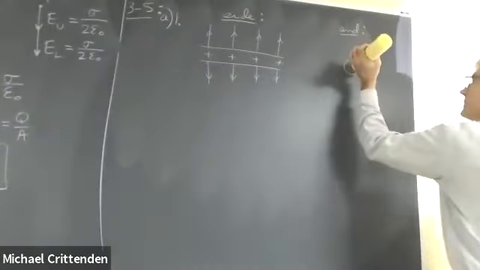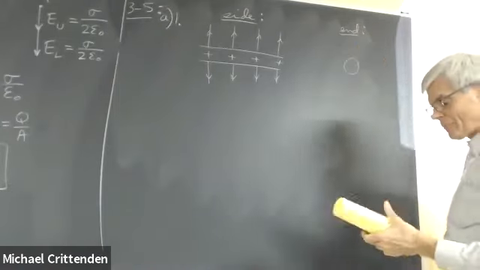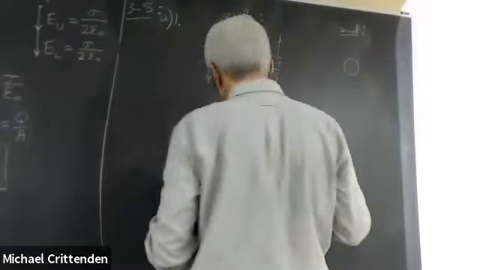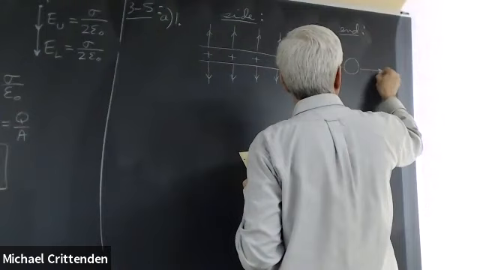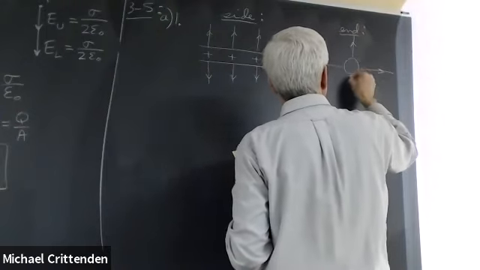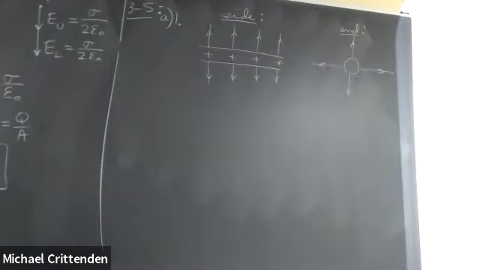For the end view, where you're looking at it like this, that's going to look kind of like the field of the charged ball that I had in the first problem. The field will point radially outward away from the piece of pipe.